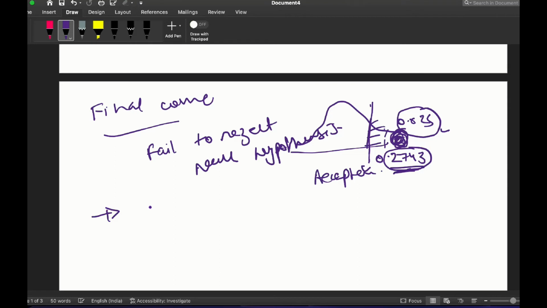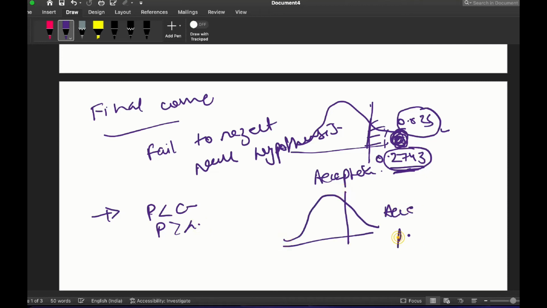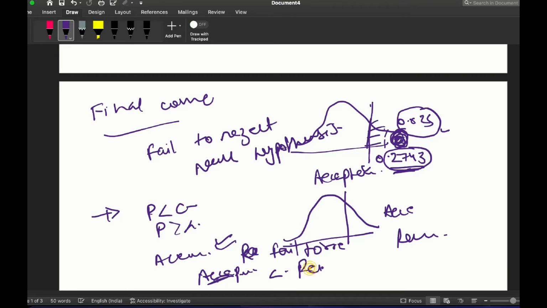Instead of just memorizing what happens when p is less than alpha or p is greater than alpha, if your concepts are clear, you can see what the acceptance region is and what the rejection region is. If the acceptance region is large, then obviously we cannot reject, we fail to reject, and if our acceptance region is very low, then we will reject. So whichever is greater, we go accordingly. As we know, alpha is the rejection region.